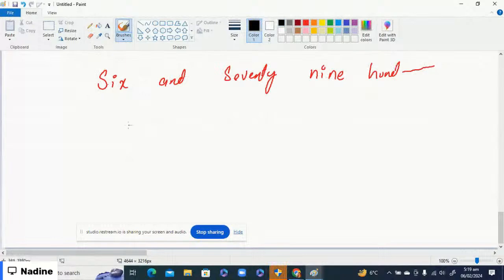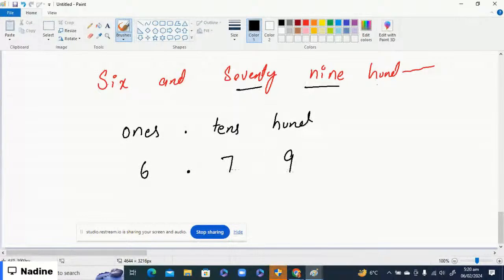First we put the ones place, then the point, then tenths, and then hundredths. So in the ones place it should be 6, then the point, then 79 hundredths. So this becomes 6.79. Good.